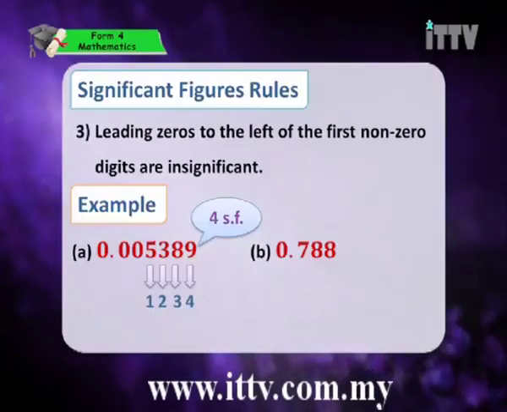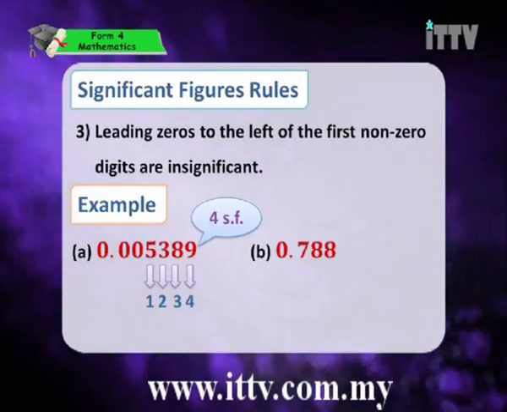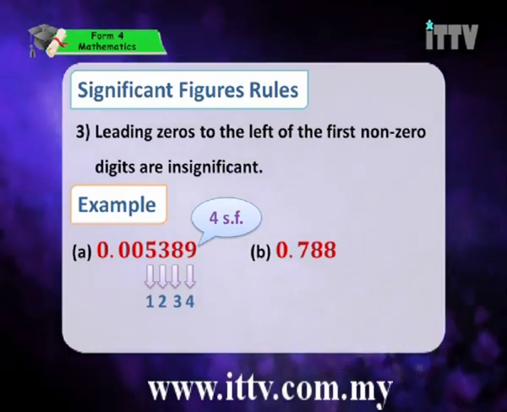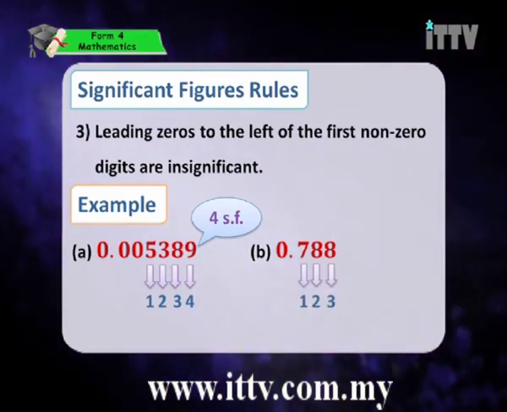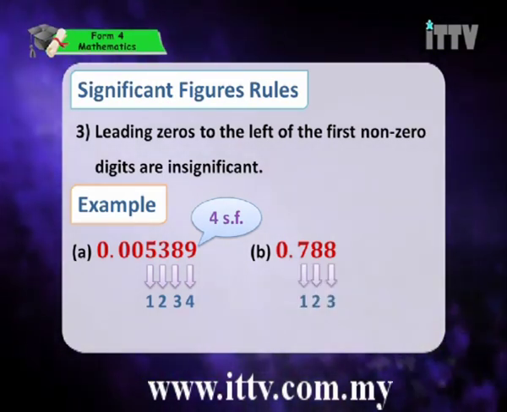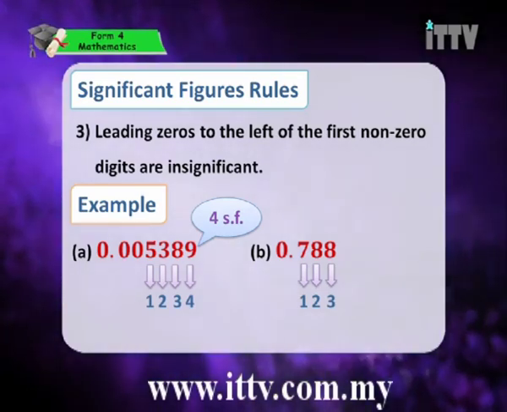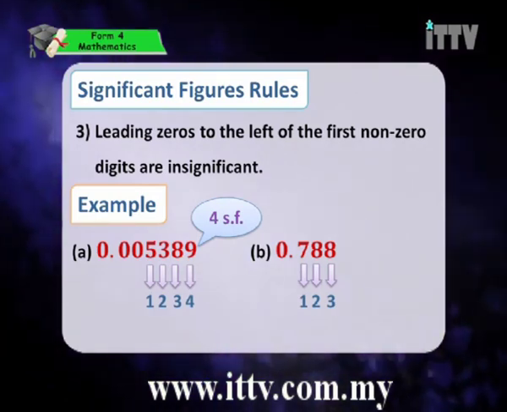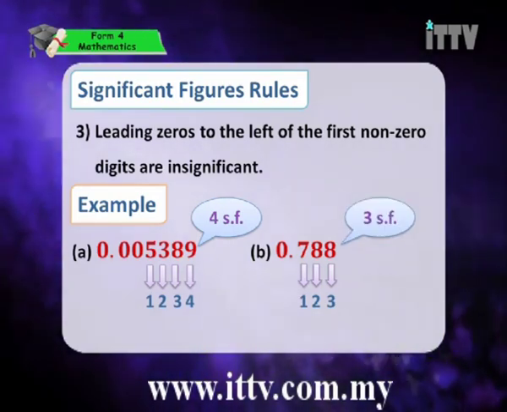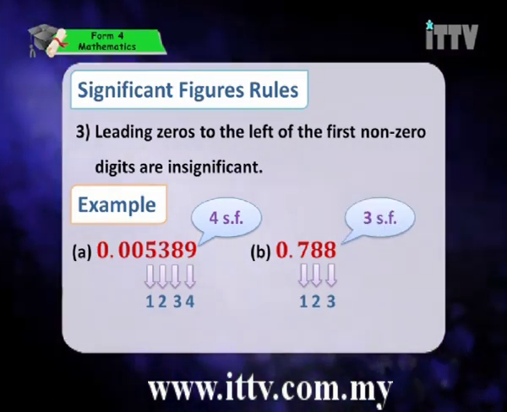So 0.788 will only have 3 significant figures, starting from 7, 8 and 8, which are 3 non-zero digits. But the whole number will have only 3 significant figures.